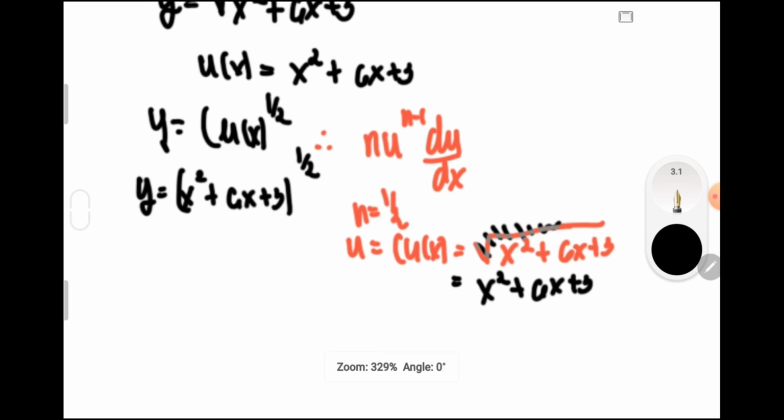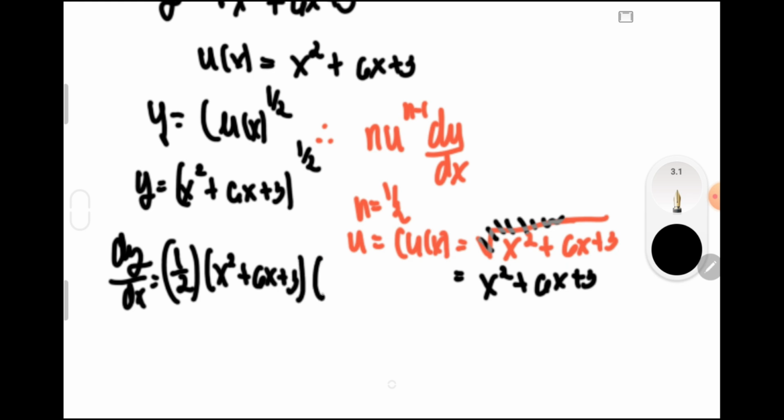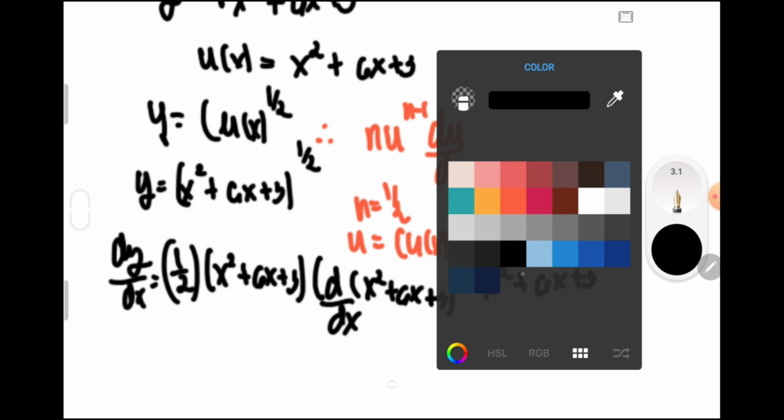Okay. So from this, we'll have dy over dx is equal to n, which is equal to 1 half. So 1 half multiplied by our u of x, which is equal to x squared plus 6x plus 3 multiplied by the derivative of x squared plus 6x plus 3 with respect to dx.